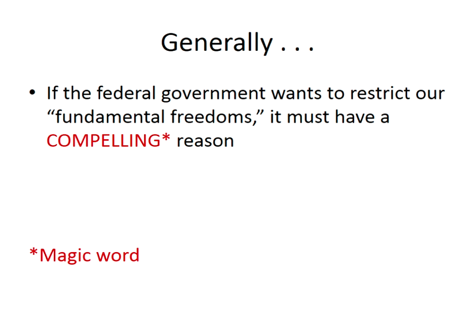For example, if we want to shout fire in a crowded theater, that's not allowed. If we want to lie about people, that's not allowed. So some speech is protected, and then the government has a compelling interest in limiting other forms of speech. The word compelling is a magic word. It's very likely that this will be applicable in your essay question, that you're using the compelling interest test, because we see it in so many areas of the law.